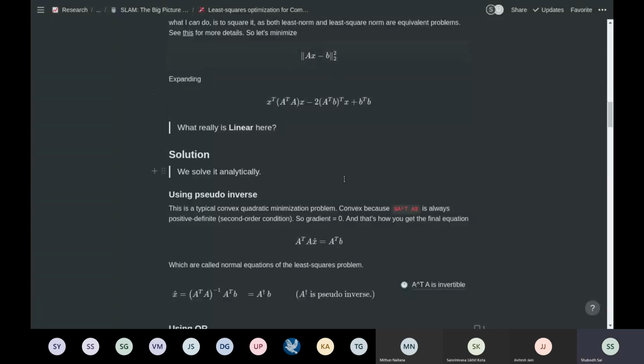I hope that is clear. And if that is clear, in the below case also, it is essentially the same thing.